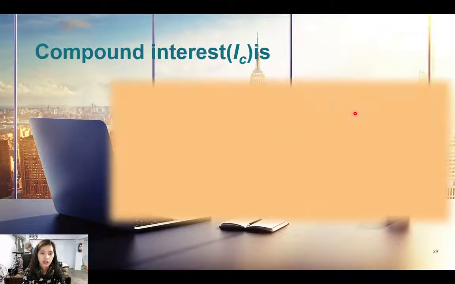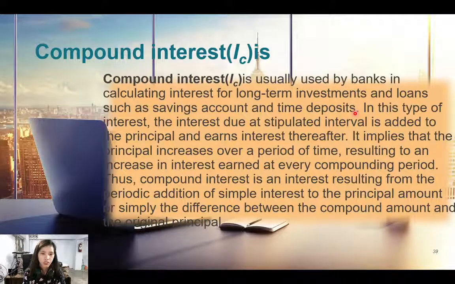Compound interest. Okay, this is the meaning of compound interest. Compound interest is usually used by banks in calculating interest for long-term investments and loans such as savings account and time deposits. In this type of interest, the interest due at a stipulated interval is added to the principal and earns interest thereafter.